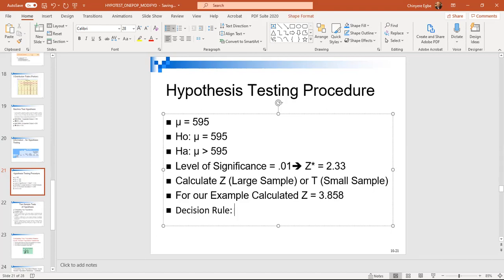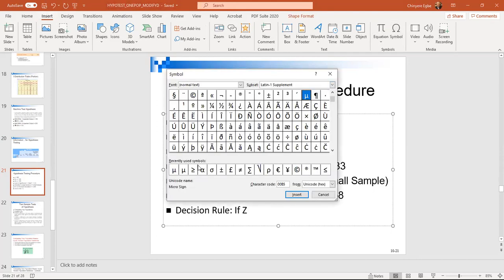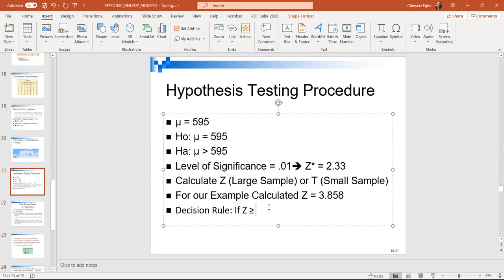The decision rule is if Z is greater than or equal to Z star, we reject the null hypothesis.